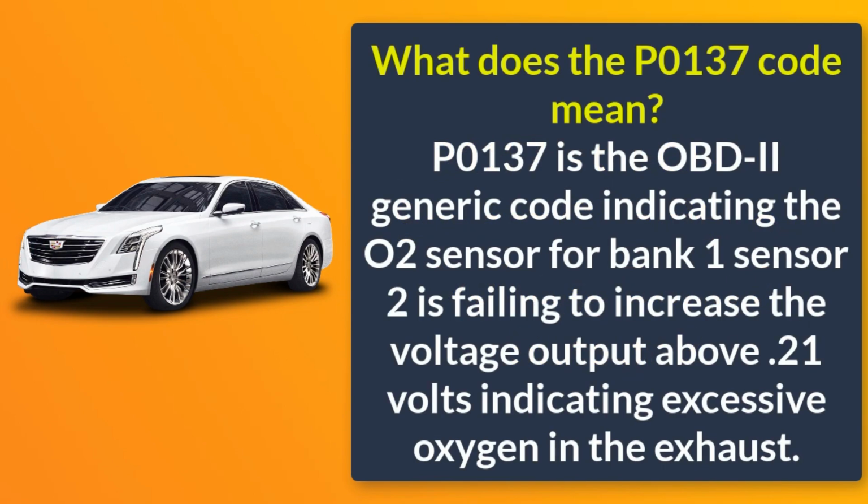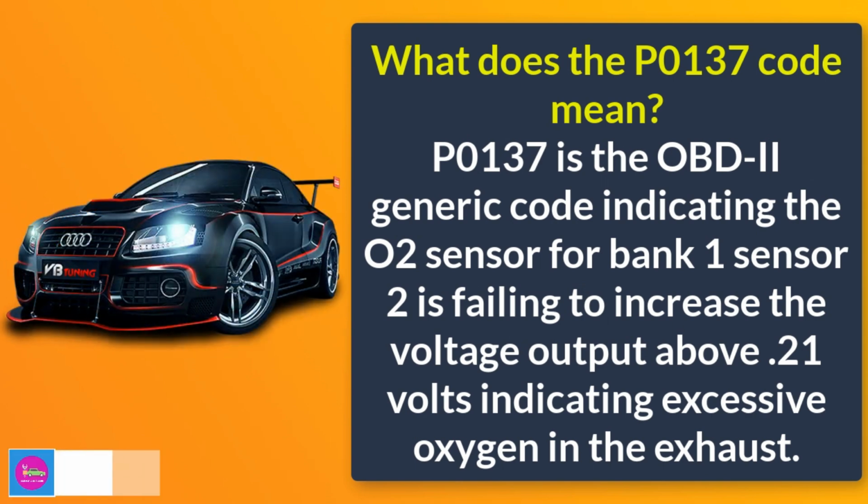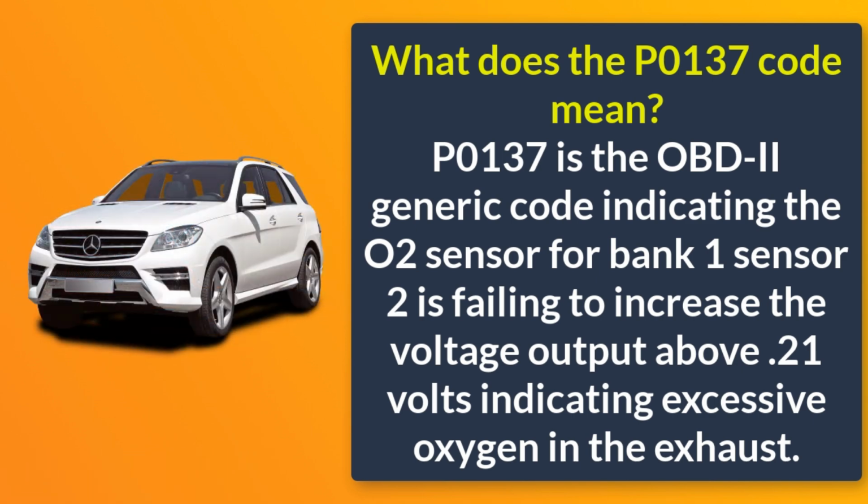Okay guys, first, let's talk about what P0137 means. P0137 is the OBD2 generic code indicating the O2 sensor for Bank 1 Sensor 2 is failing to increase its voltage output above 0.21 volts, indicating excessive oxygen in the exhaust.